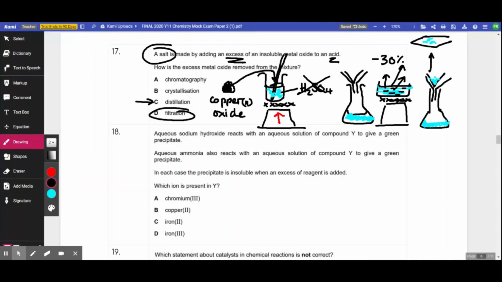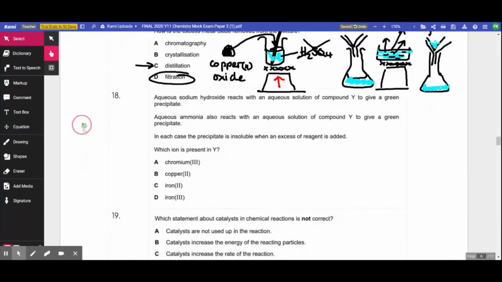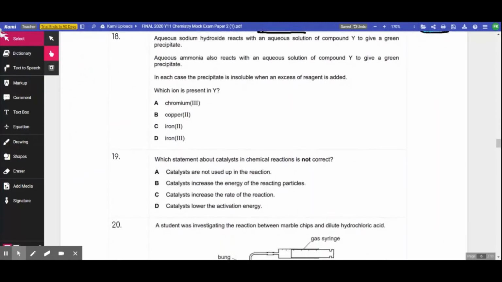Perhaps that was thought of because it requires heat, and filtration may have looked a little too simple for a GCSE question, but it's actually a really, really important separation technique to have.